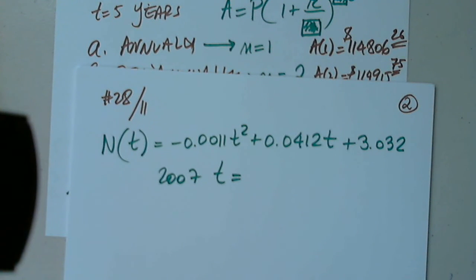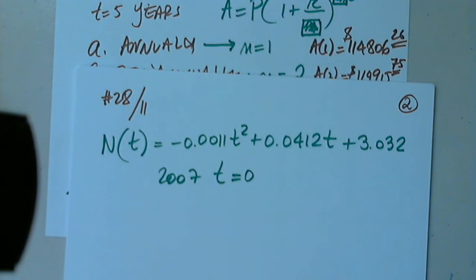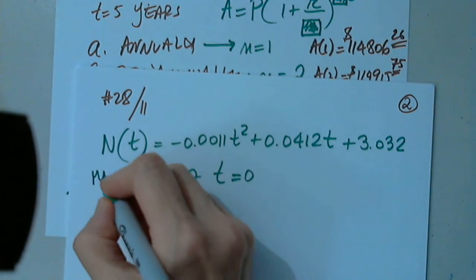So one more time. No. For somebody born in 2007, how old is that person in 2007? How many years? 0. So when we are told t is the number of years since 2007, that is an indication that t equals 0 represents 2007. And n is the number in millions, so millions.